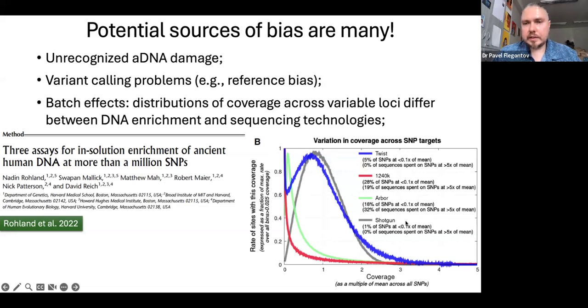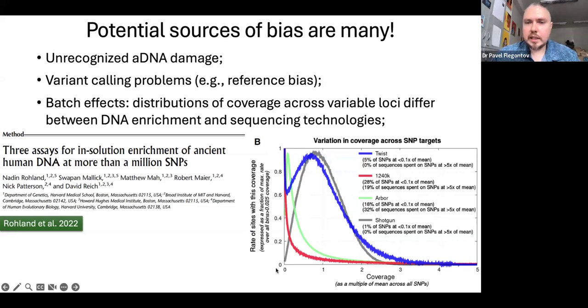And various panels have very different shapes of these distributions. The 1240K panel has this exponentially decaying curve, which shows that only a very small fraction of SNPs actually are sufficiently enriched there.